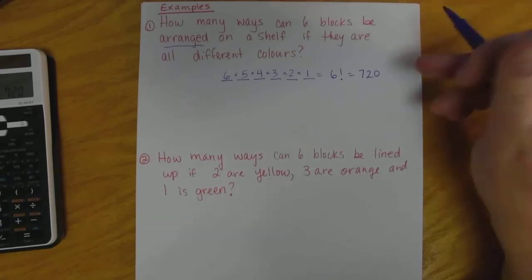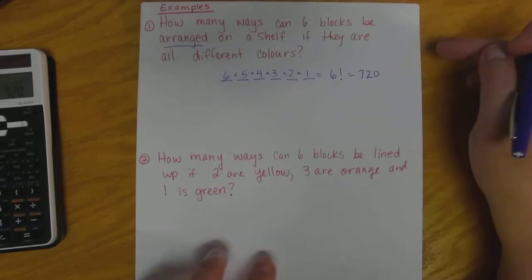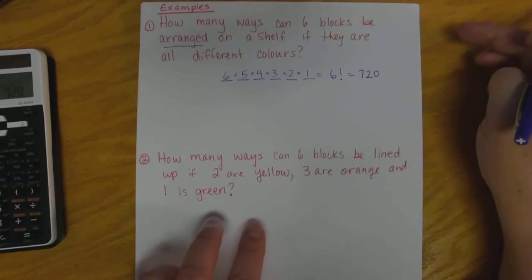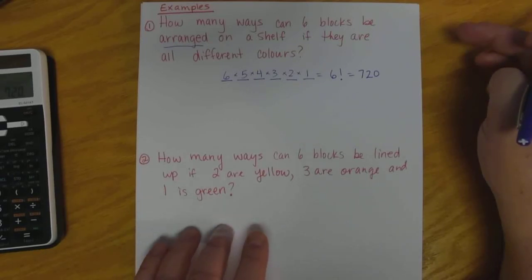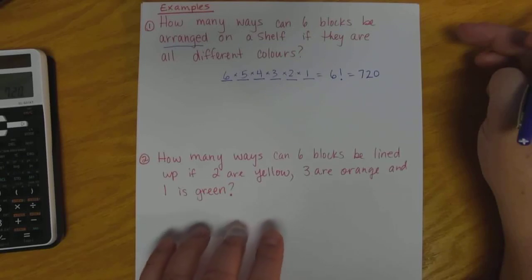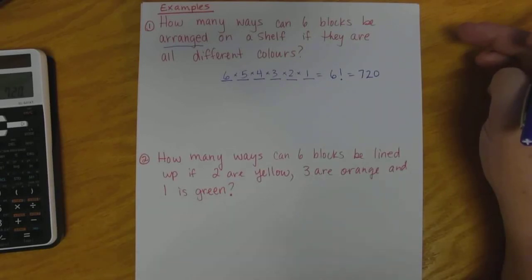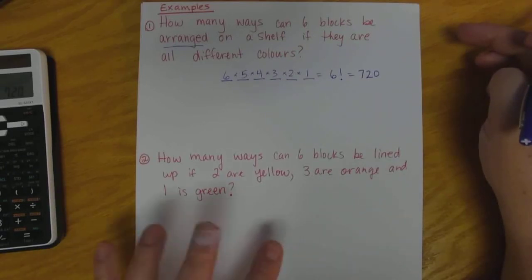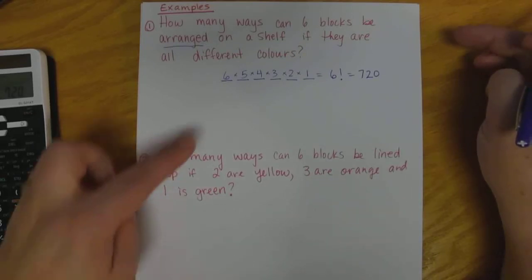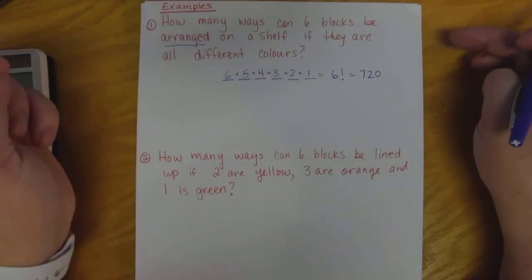The switching around would be counted in the 720, but we don't want to count that as 2, because yellow, yellow, and then say orange, orange, orange, green is just one arrangement. If you flip the orange around, that would all be counted in here because they're different.